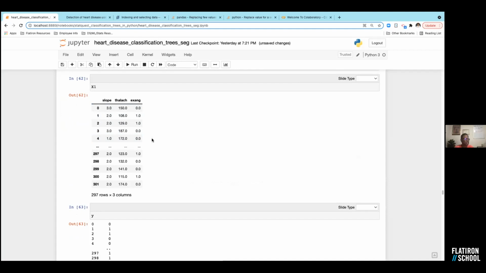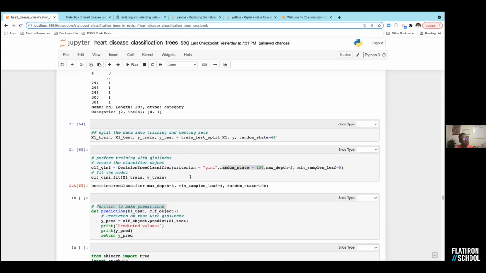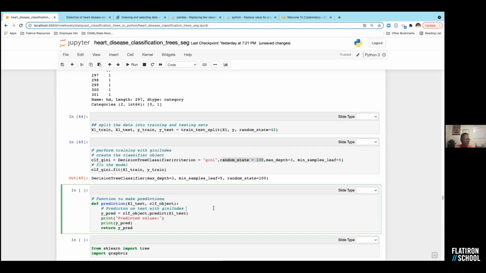If we have a patient and we know that patient's measures for the slope, I think it's their EKG or something, and we know their thal, AC, or heart rate something, and we know their exchange level, we can then use that to make a prediction, essentially, to classify them based on these features.